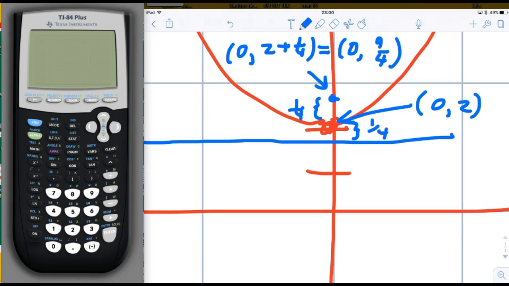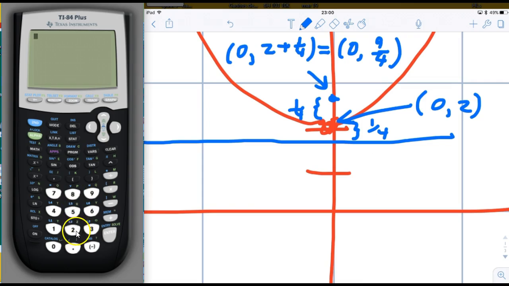Okay? And maybe if you're bad at fractions, maybe your calculator can help you with that. Let's see. So if we have 2 plus 1/4, and we want to put it in fraction mode, we'll put it in mode, and then we'll go down to how we want our answers, and let's say we want our answers in fraction form.